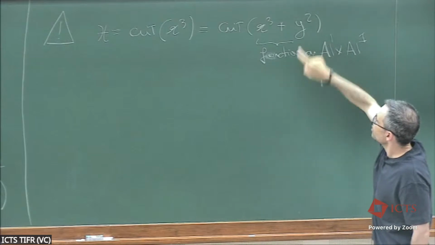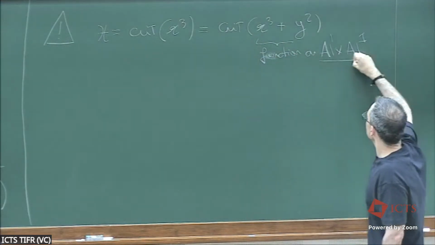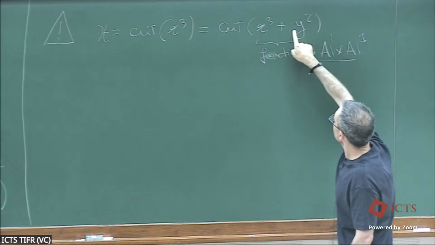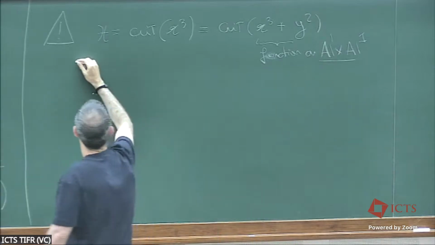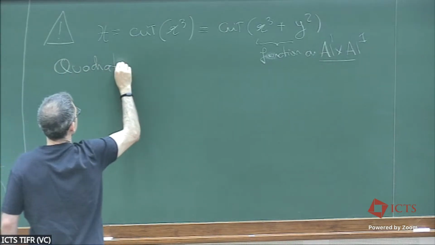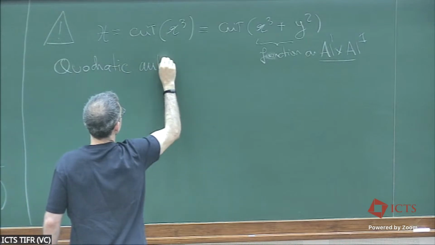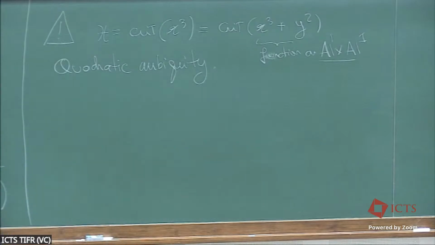Because this function is Morse, I didn't change the critical points. So I have some ambiguity that goes on every time I add an extra variable and a quadratic function. So there is this quadratic ambiguity that is going on here.